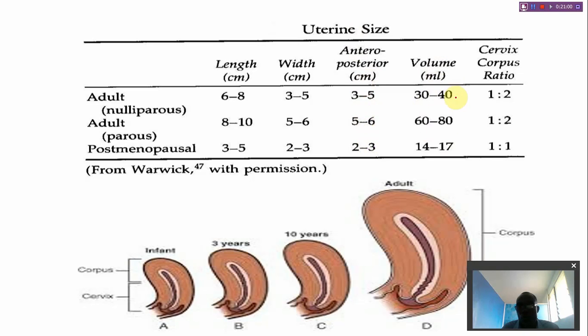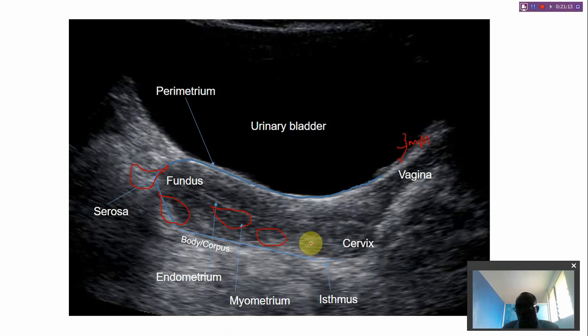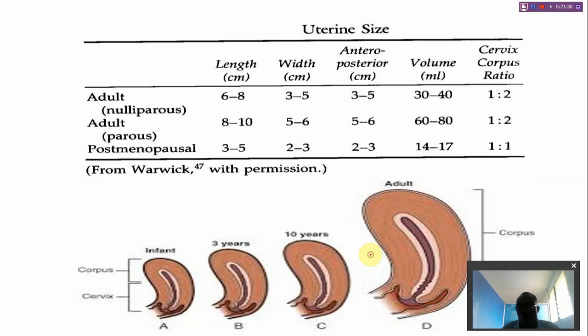And that's the volume of it, and the ratio is the cervix-corpus ratio. Between the corpus and the cervix is the isthmus. You can see the corpus, the body, and the cervix. Between the body and the cervix is the isthmus. So that's what the term is. 1:2, 1:2, 1:1. So that is what we are going to talk about now.